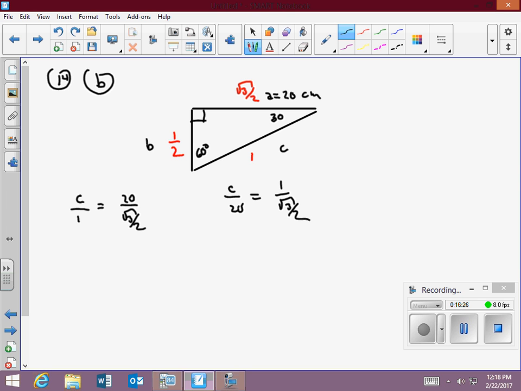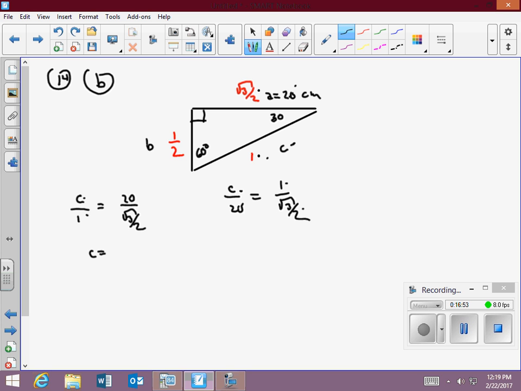However you see it. If you look at it this way, 1 is here, square root of 3 over 2 is here. So then it's C is to 20. Or else you're just going C to 1, which is this, as 20 is to that, and then solve it.